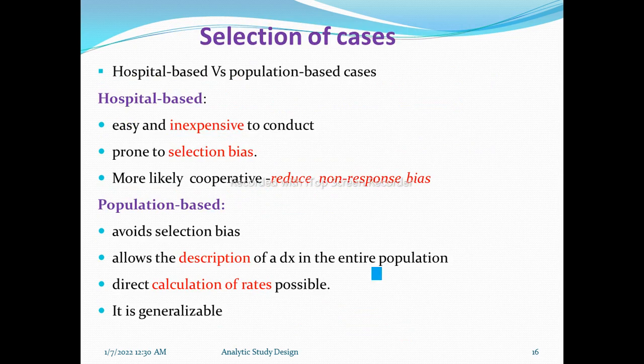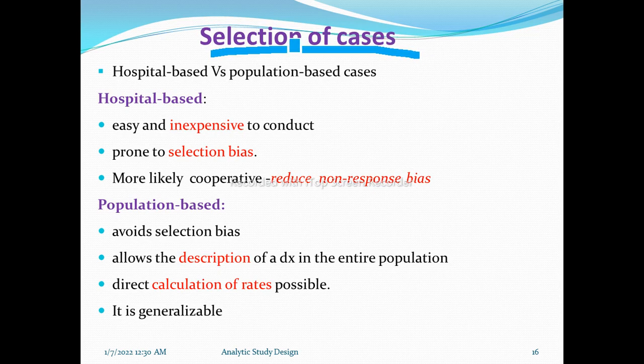And selection of cases: how do we select cases in a case control study design? Cases may be selected from hospitals, that is hospital based cases, and may be selected from the general population, that is known as population based cases.